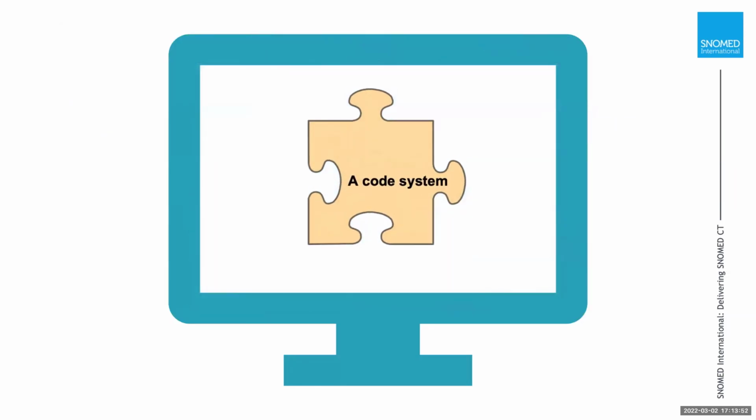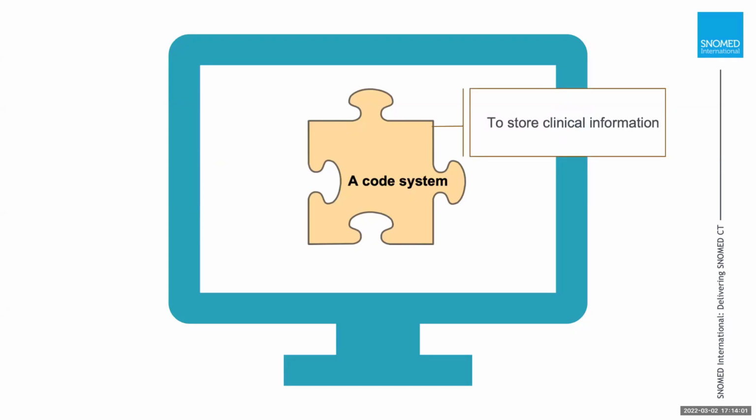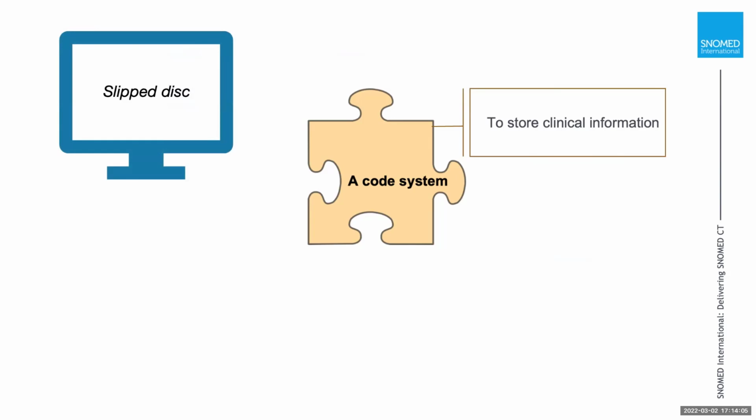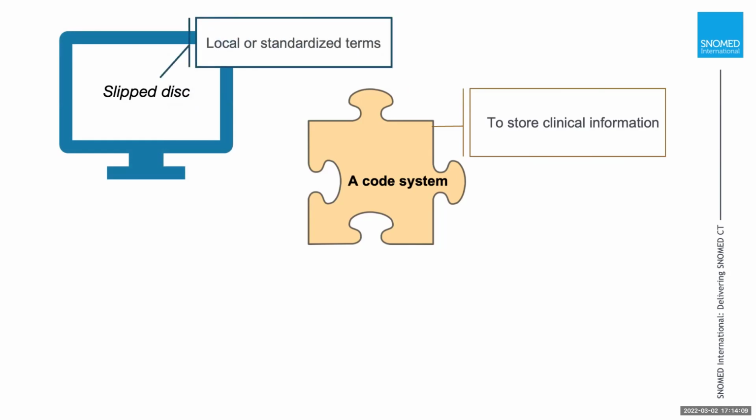Using SNOMED CT as a code system is probably the most simple approach, and that would be where you simply use it to store clinical information consistently. With our example here with the slipped disk, you may use local or standardized terms in the user interface. They don't necessarily need to be SNOMED descriptions.